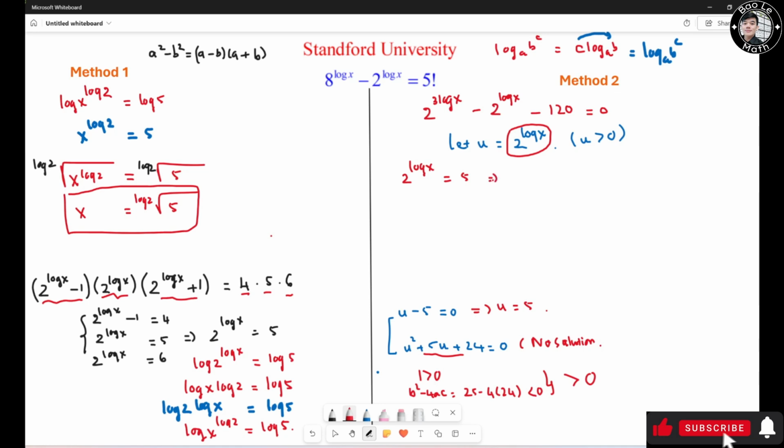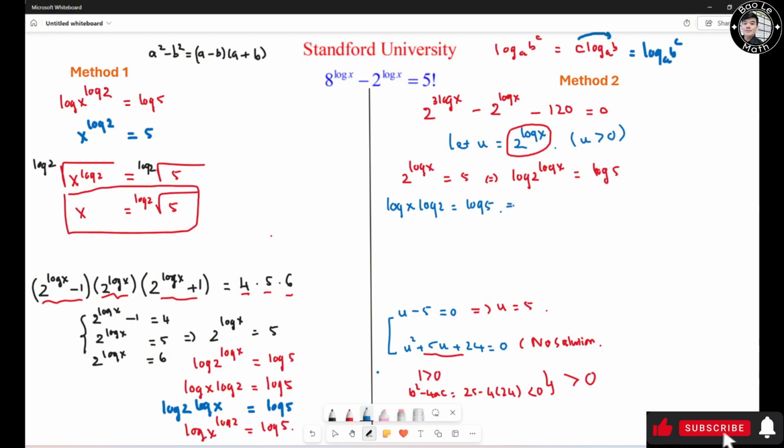So it's log of 2 to the log s equals log 5. Now bring log s to the front, so it turns out to be log s times log 2 equals log 5.